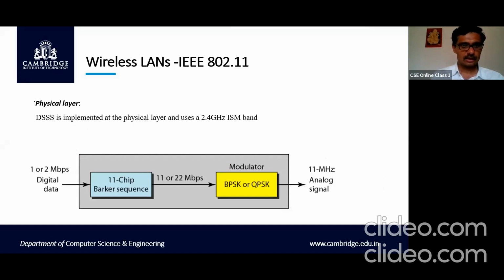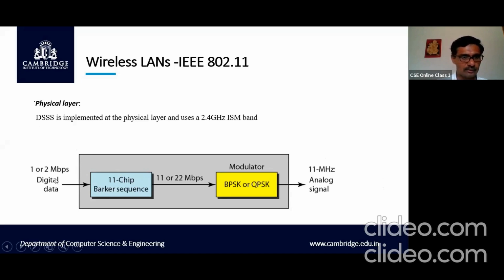The physical layer uses DSSS, direct sequence spread spectrum, as we discussed earlier in previous chapters. It is implemented here using the 11-chip Barker sequence, as we mentioned earlier.